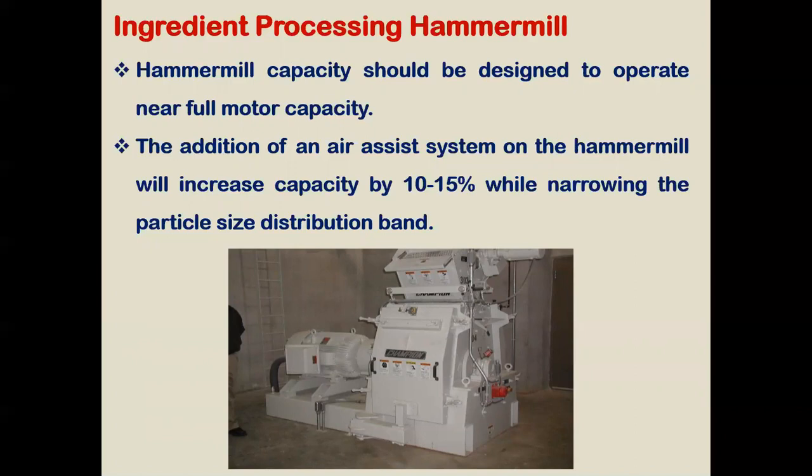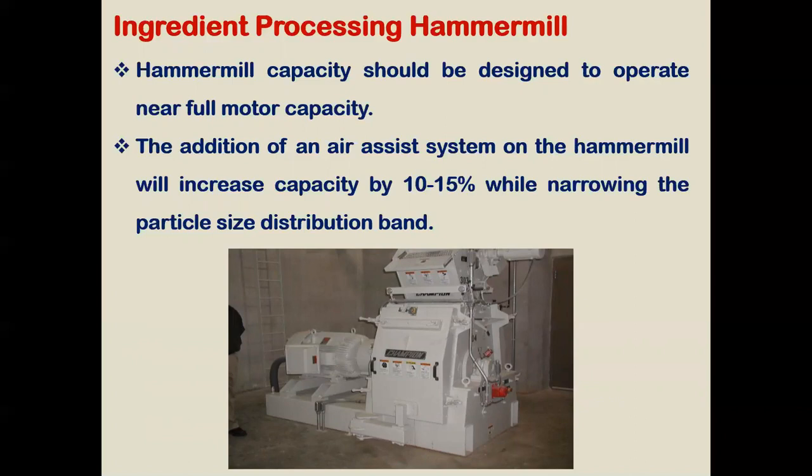If we do not run the motor at full capacity, then definitely the cost will be higher. So to make the feed more cost effective and economic, we can use the motor capacity at the maximum, whatever capacity the motor is made for that particular hammer mill.